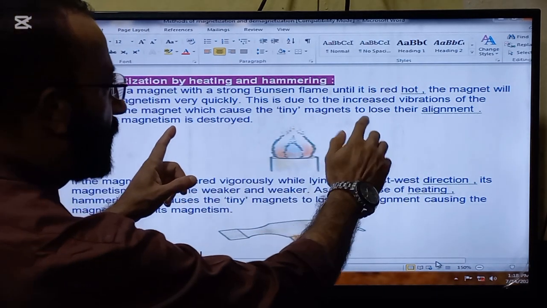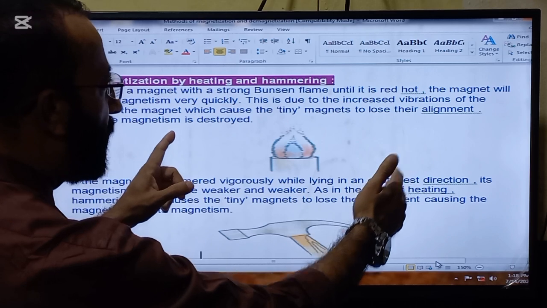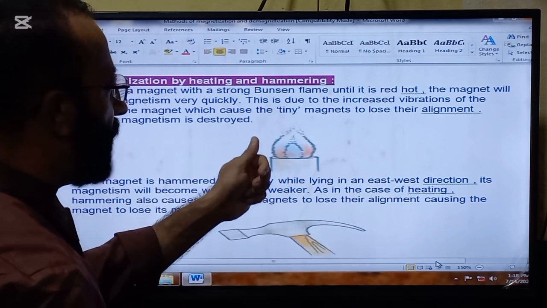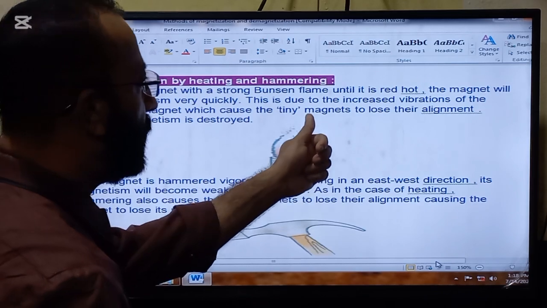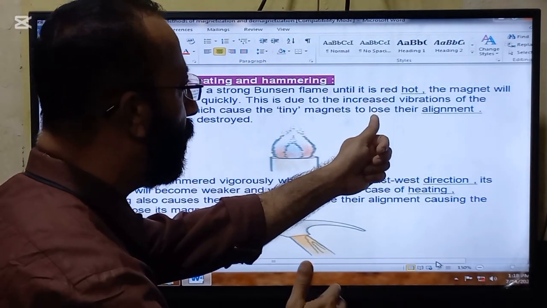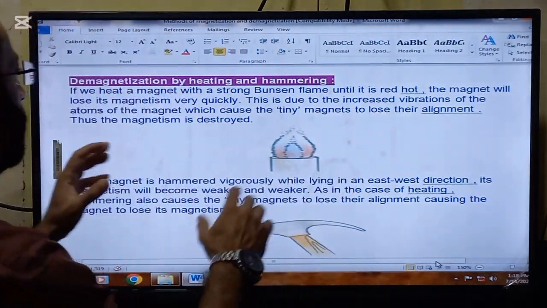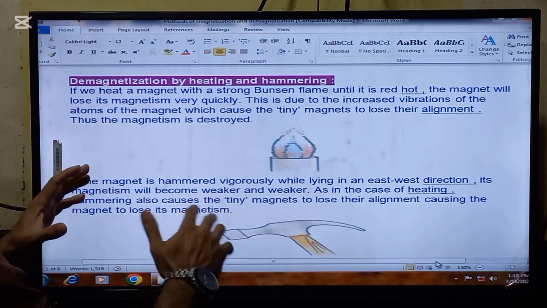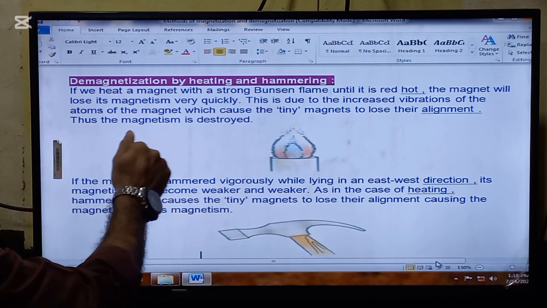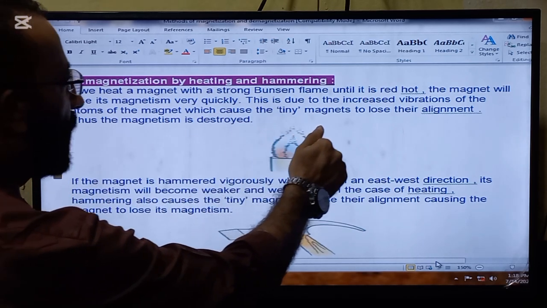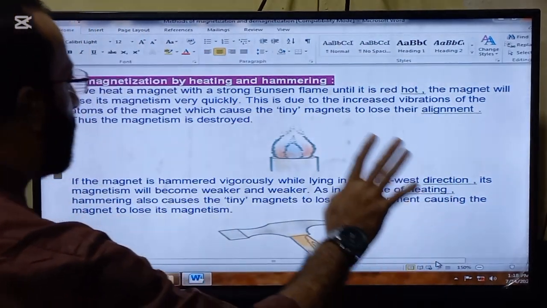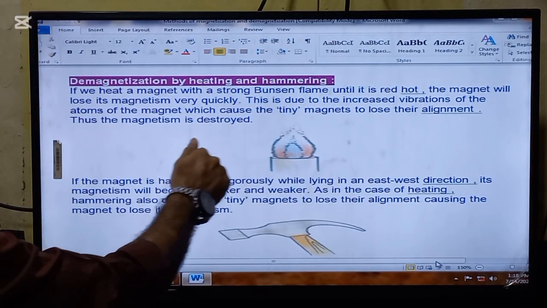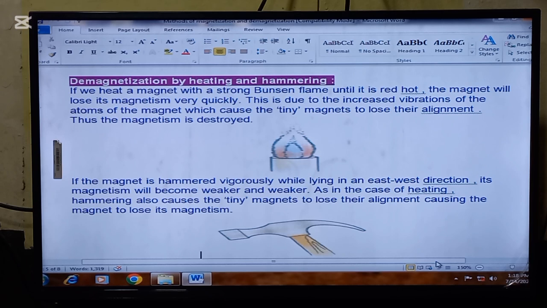When the magnet is put into a red hot flame, the atoms vibrate more and move more speedily, which causes the tiny magnets to lose their alignment. So their alignment is disturbed. That's why the magnetism is destroyed.